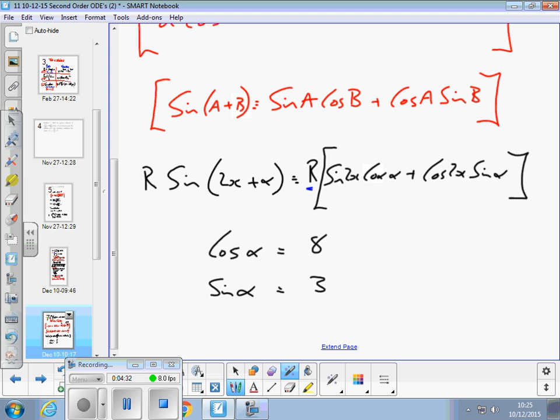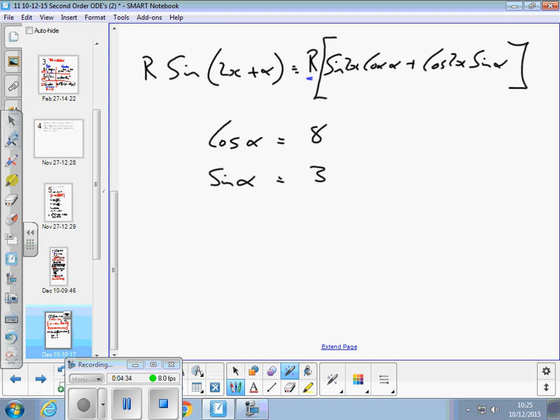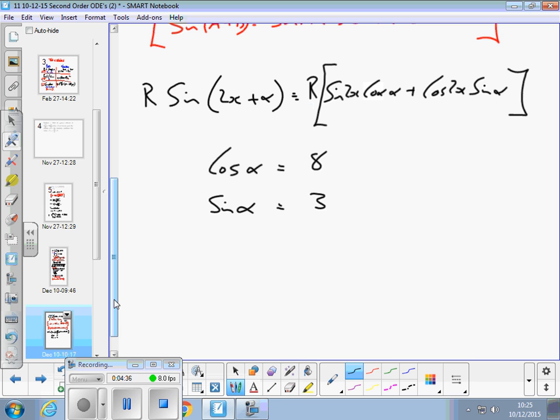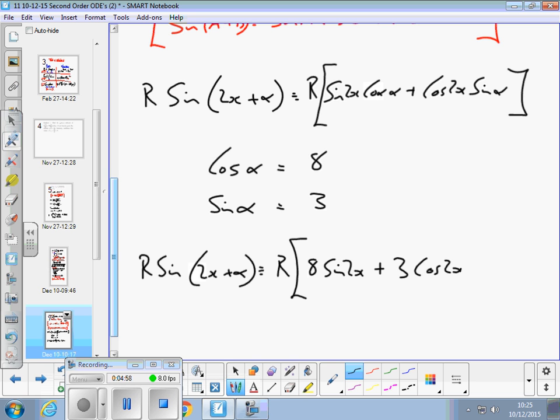So I can rewrite this as r sine 2x plus alpha can be written as r bracket cos alpha is 8, so it's 8 sine 2x plus 3 cos 2x.